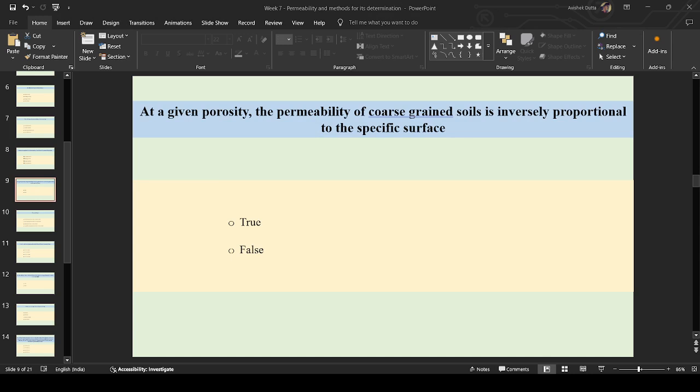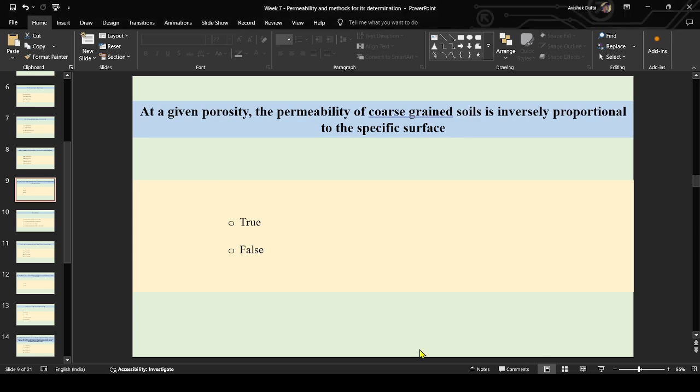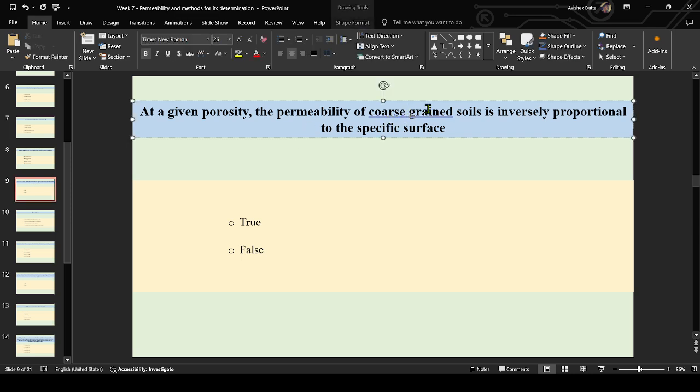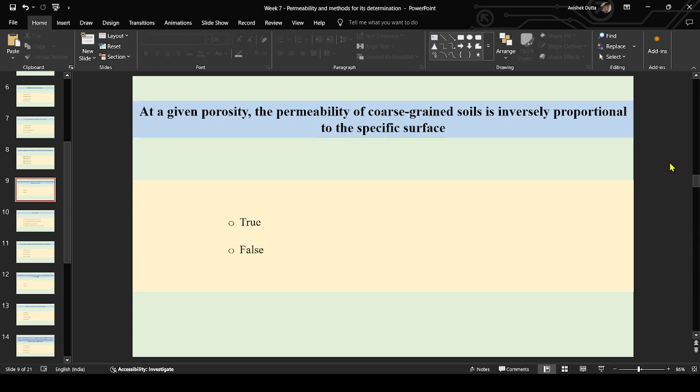At a given porosity, the permeability of coarse grained soils is inversely proportional to the specific surface. Is this statement true or false?